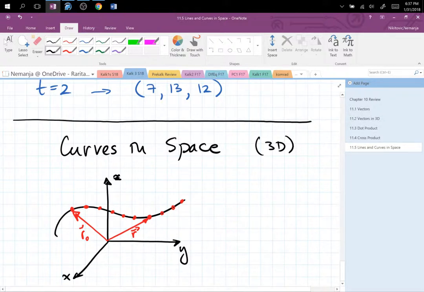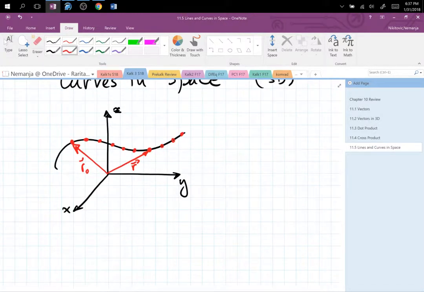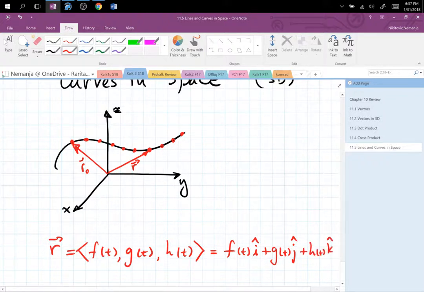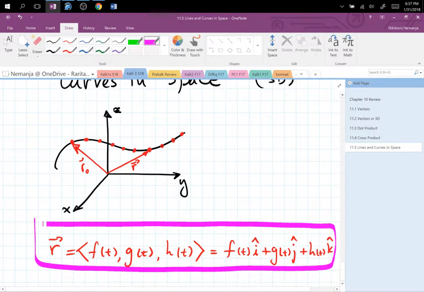So what I'm going to do here is I'm going to again say vector valued function r, which is our vector f of t, g of t, and h of t, also written as f of t i plus g of t j plus h of t k, if you want the ijk notation. And welcome to the curves in space.